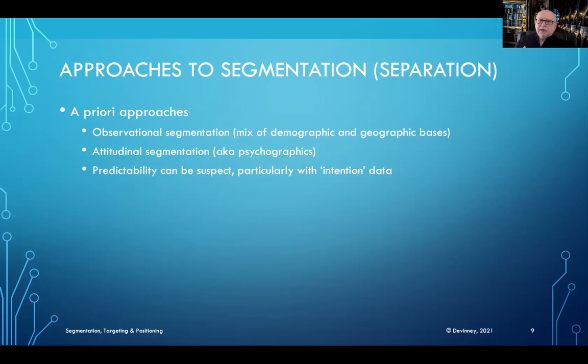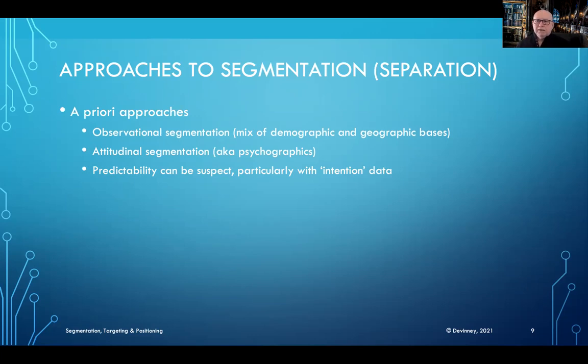So that's actually more sophisticated. Most of what you see in companies isn't quite so sophisticated. Most of them use what are known as a priori approaches. These a priori approaches basically look at things like demographics and geography and all sorts of things about the individual, or they look at things like attitudinal segmentation. They look at surveys of what people value and so on down the line.